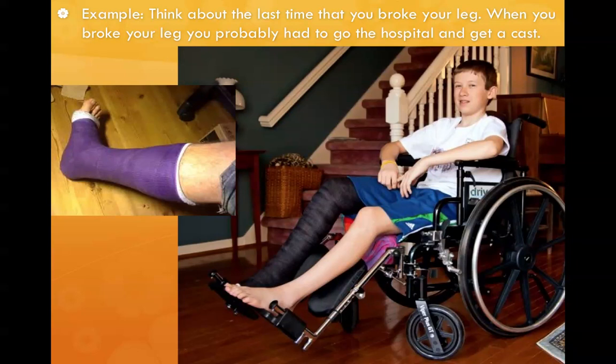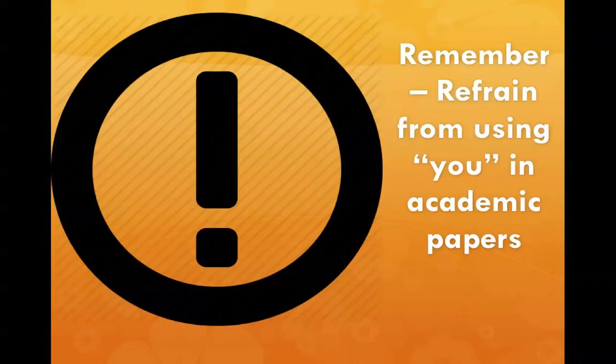Half of your readers, if it was split evenly between male and female, are already excluded from your example because men can't get pregnant. So really, remember, refrain from using you in academic papers. There are lots of different ways that you can rephrase your examples so that you don't use you. It's all a matter of wording.